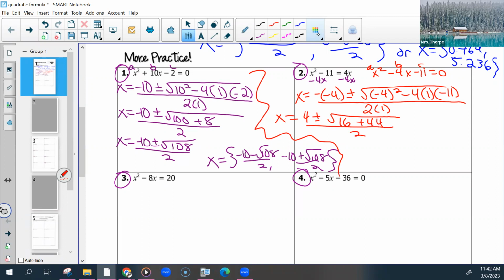We multiply -4, 1, and -11. 16 plus 44 is what? 60. Is 60 a perfect square? We're gonna do the same thing. Separate it. 4 minus the square root of 60 all over 2, and 4 plus the square root of 60 all over 2.